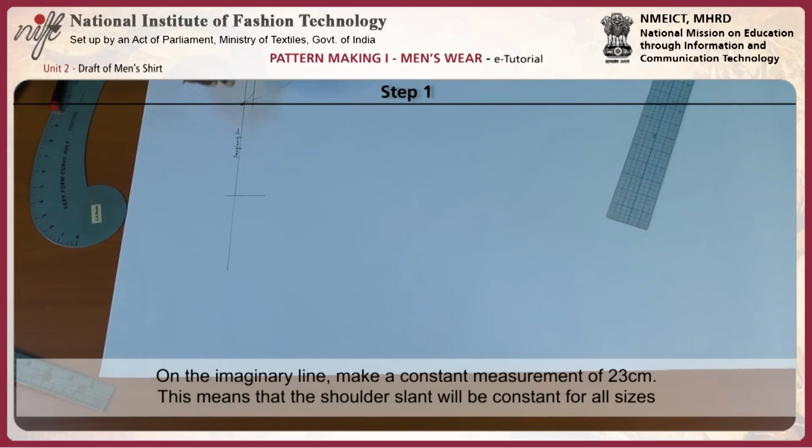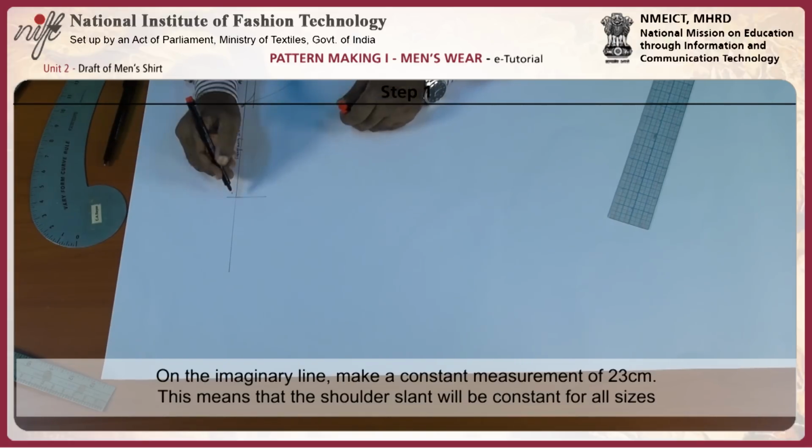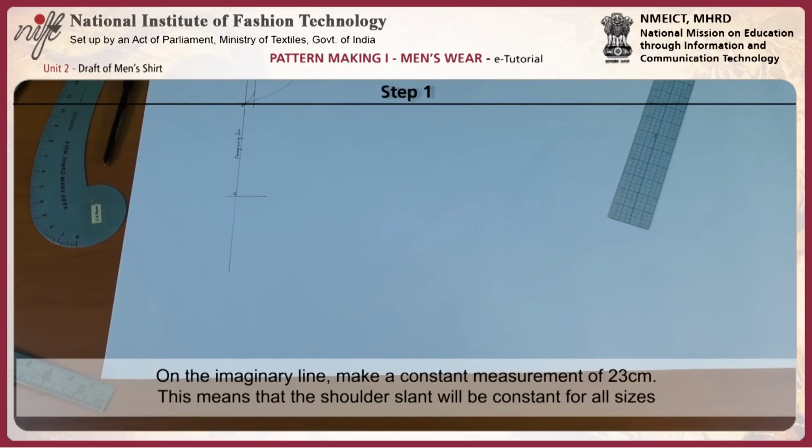On the imaginary line, which is A to E, the measurement from A to E is 23 centimeters, a constant.